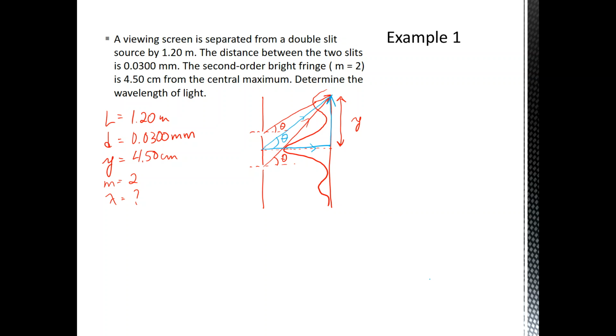So if I use tan or inverse tan, I can easily find that angle and apply it for the other two. So I would start there. Don't forget to convert your units, because that's super important.